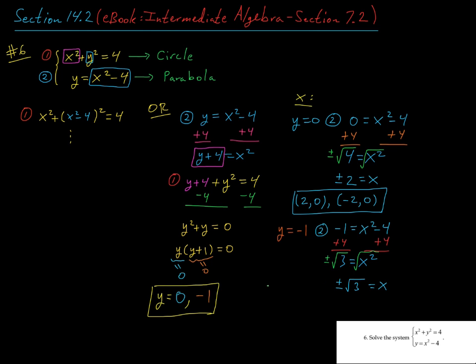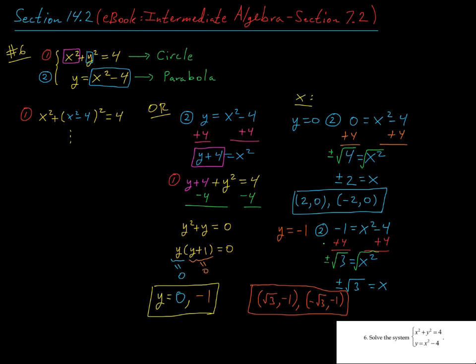Okay, so we have another two ordered pair solutions. If x is positive square root of 3, then y is -1. And if x is negative square root of 3, then y is, again, -1. All right, so we get these two solutions.